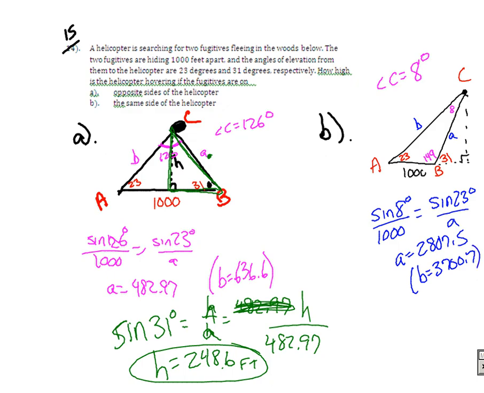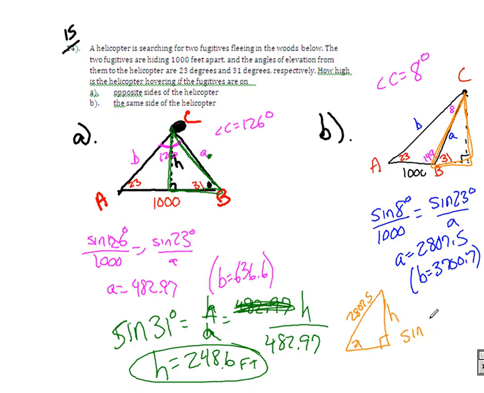Since I found A, this is the right triangle I'm looking at. I'm going to redraw it so you can see it. This right triangle is 31 degrees here. I know A is 2,807.5, and I want to find the height.